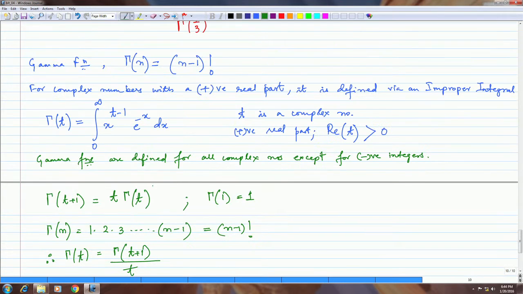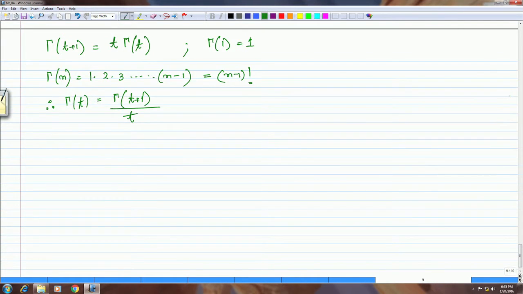Now we said it is defined via an improper integral. What exactly is an improper integral? Let's define that a little bit. In an improper integral, the limits are unbounded. So the limits are infinity.